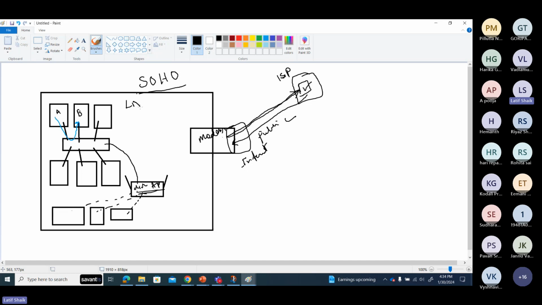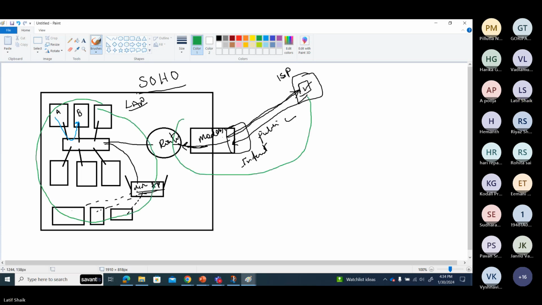And this is a different network. This is your LAN network, your private network. How will the internet come inside? Then we need a router. The router will route your network to outside of the network. What will the router do? It routes one network to another network. This is a different network, this is a different network.